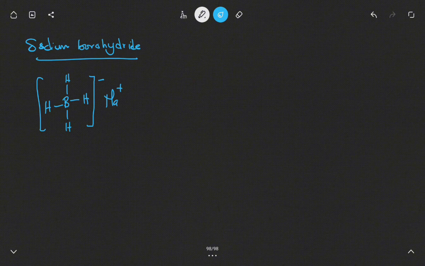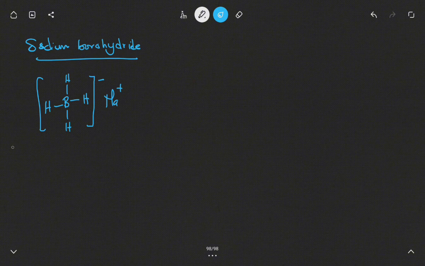Now, when we have hydrogen being added to a compound, we call it hydrogenation or reduction. If we are taking hydrogen out, then that is oxidation. In this case, we are reducing, so what is going to happen is we'll have the hydrogen being added to our organic compound. Now, there are 2 main steps involved in this reaction.